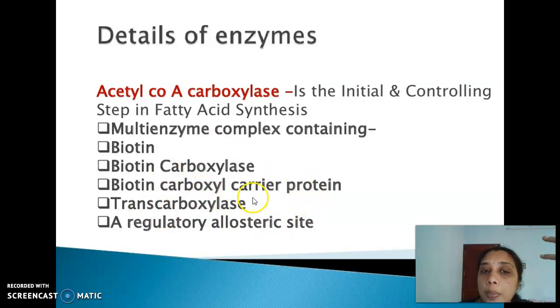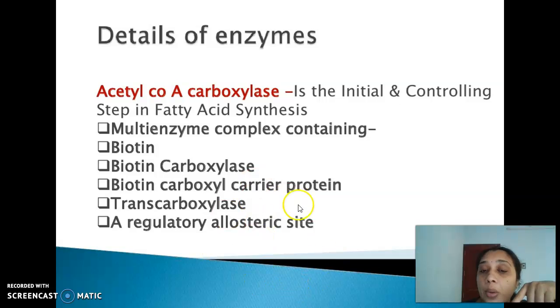And what does this carrier protein do? It transfers the carboxyl group from carboxybiotin to acetyl-CoA, converting it into malonyl-CoA and converting the carboxybiotin back to biotin. So all these 3 enzyme activities are carried out in the same single molecule. Hence, it's a multi-enzyme complex.